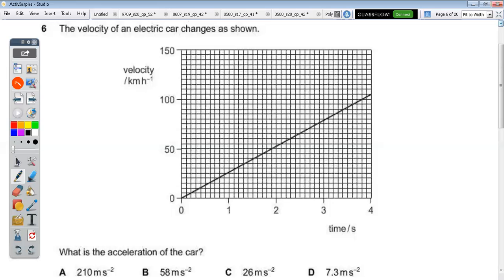Okay, it's D. Number 6 is D. Yes, correct. So we know the formula, V minus U over T. But we have to convert kilometers per hour to meters per second.